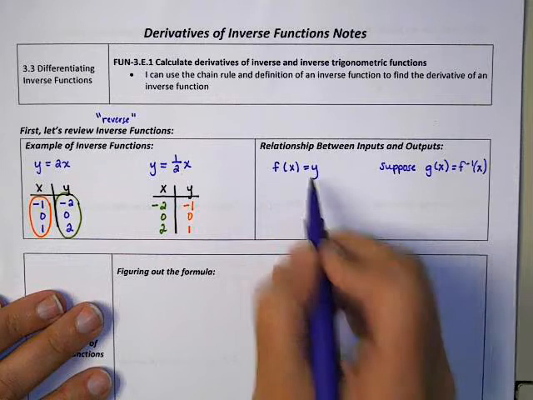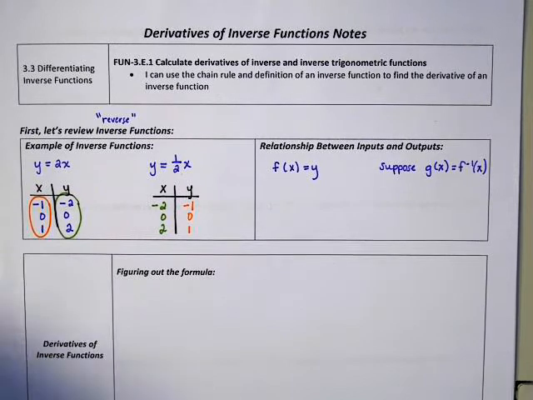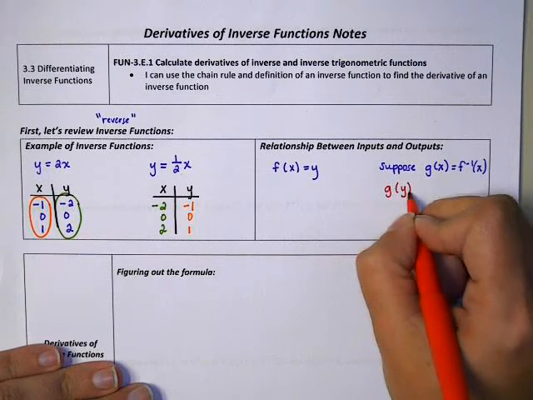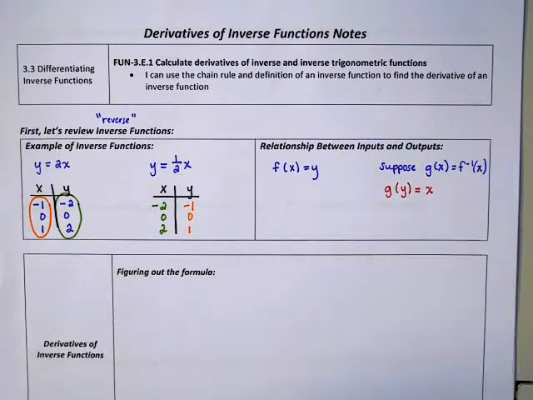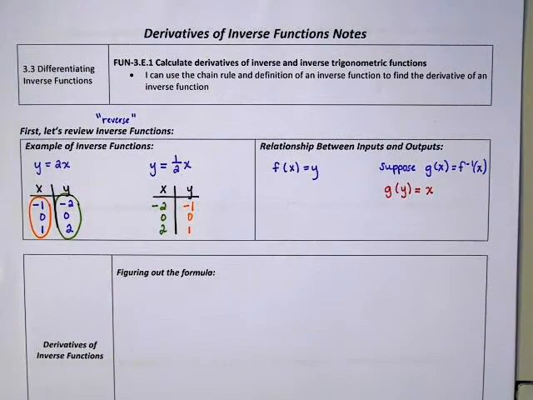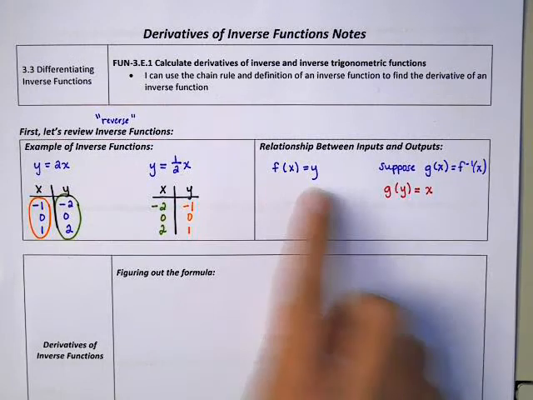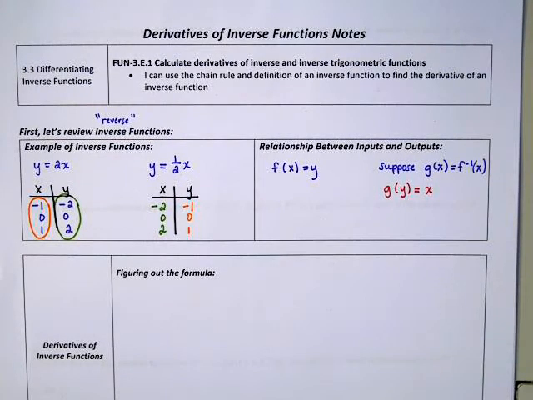If f of x equals y, then we would be able to say that g of y equals x. Because since g is the inverse, it would reverse the inputs and the outputs. That's going to be really important, that the x's and y's, the inputs and outputs, switch for inverses when we start to follow the procedure for finding these inverse derivatives.